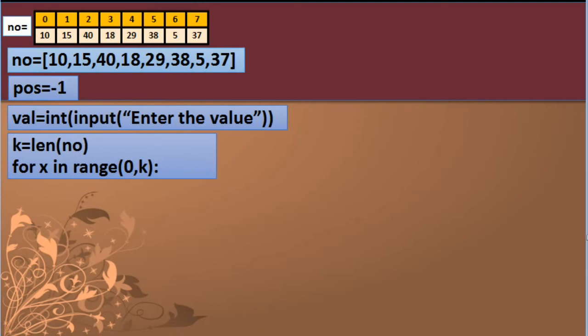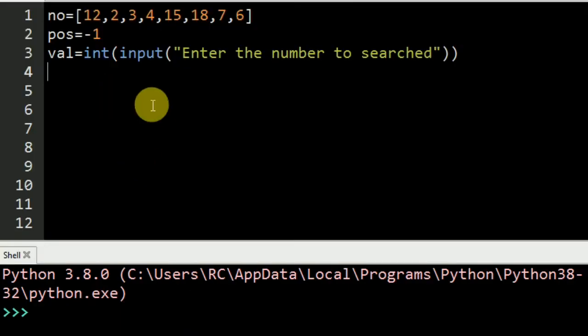So in Python also, we need to declare first line, that is k equals to, and the next line, we declare the loop line. So now the loop part has been done.